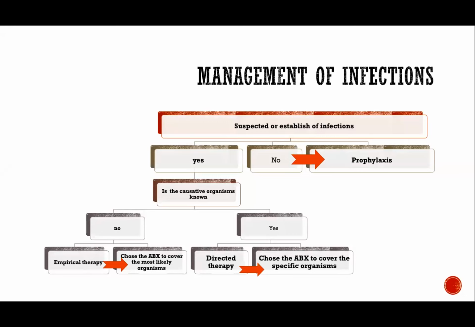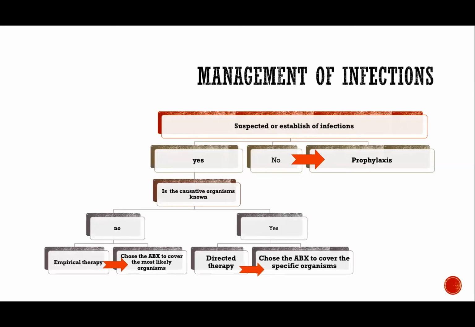In empirical therapy, what we're doing is choosing the antibiotics that cover the most likely causative organism. When we have a particular type of infection, our evidence and our experience tell us one of a number of organisms likely to be the cause, and we choose the antibiotic accordingly.